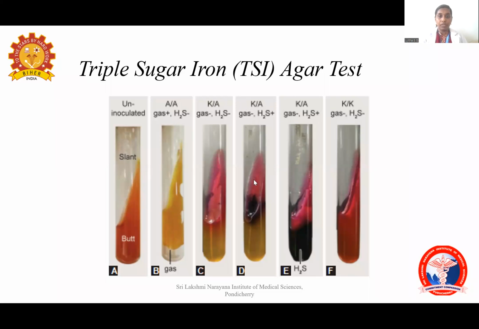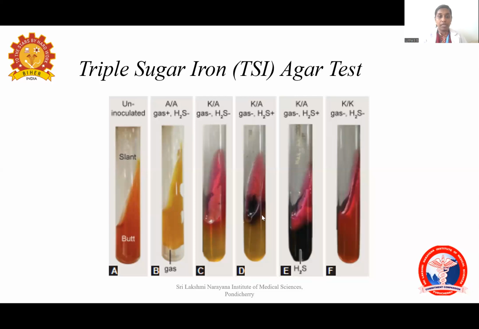Then the third one. Here you can see again the slant is alkaline, K, but the butt is acidic, A. So K by A, gas is not there. But you can see a speck of hydrogen sulfide. A speck of hydrogen sulfide means a little bit of hydrogen sulfide, at the junction between the slant and the butt.